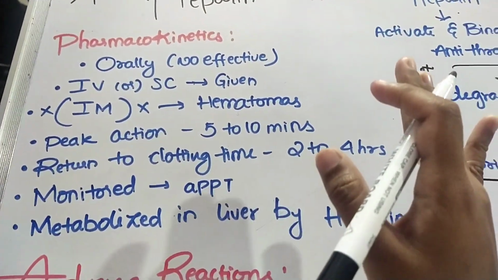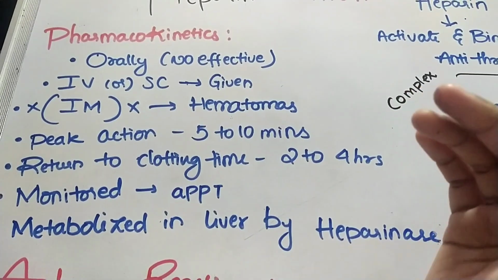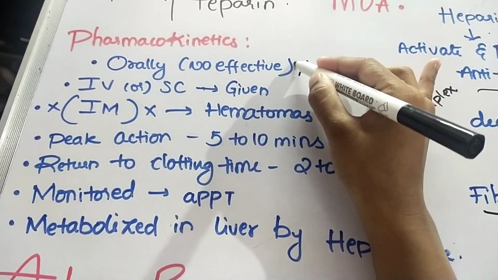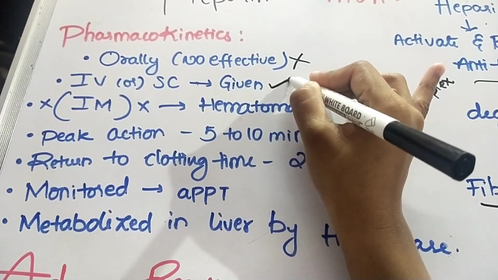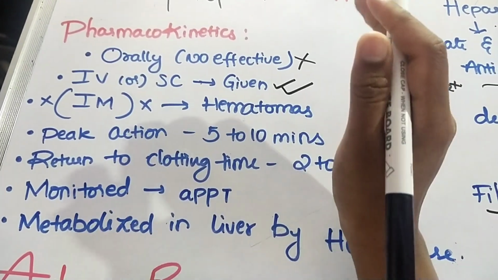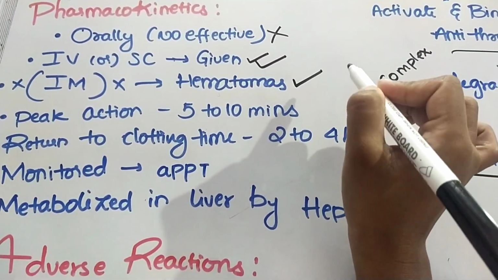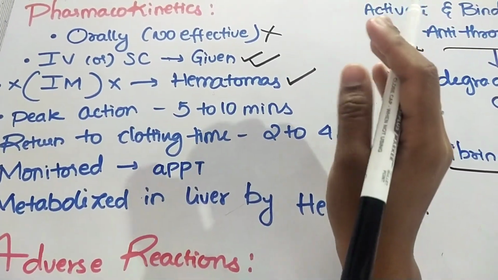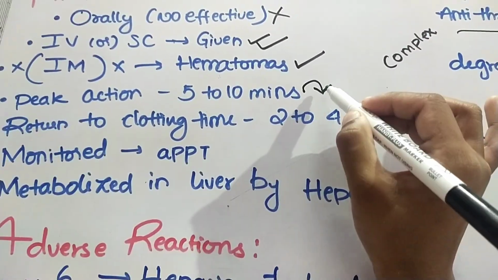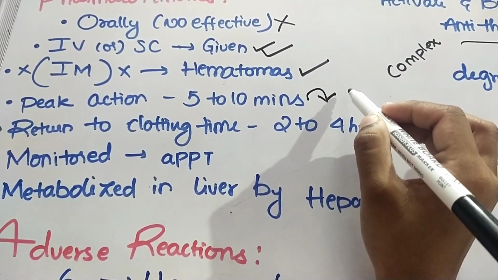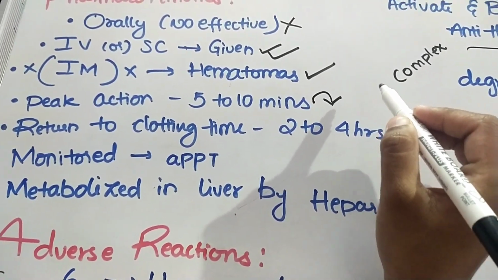Now the pharmacokinetics of heparin. Heparin is not effective orally. It is given intravenously or subcutaneously. Heparin is contraindicated intramuscularly because it forms hematomas in the muscle. Its peak action is observed 5 to 10 minutes after administration.